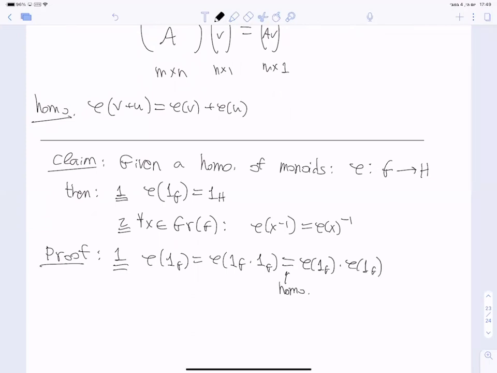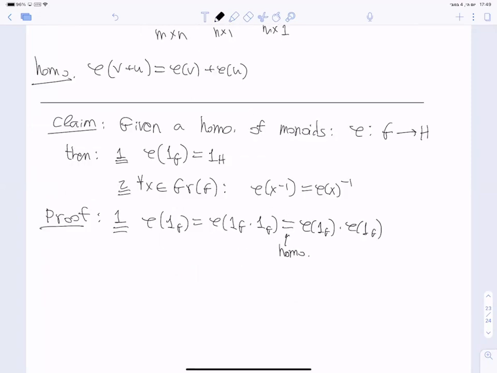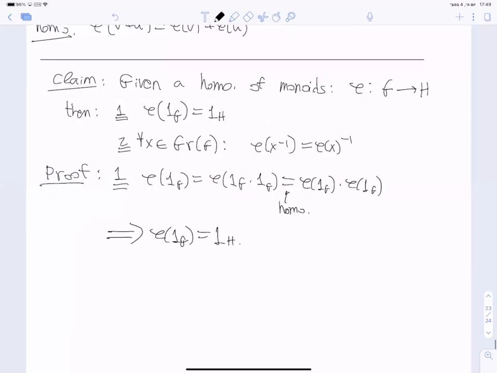Now, we can multiply both sides by the inverse, but we can also understand that if you have an element that is equal to its square, then it must be the neutral element in the target. Okay, this was one.